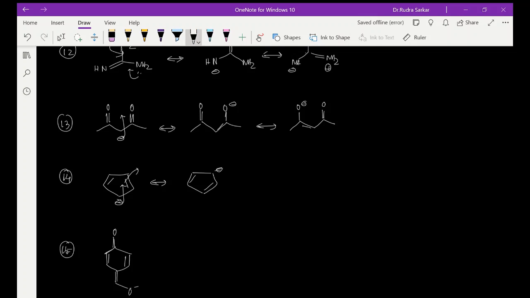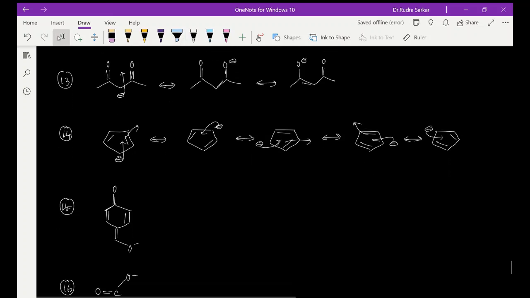This is the negative charge that gets donated again. Charge moves in here, which gets donated again. That comes in, and we have to do this process till we get a system in which, if we do the resonance, then it comes back to the original structure.